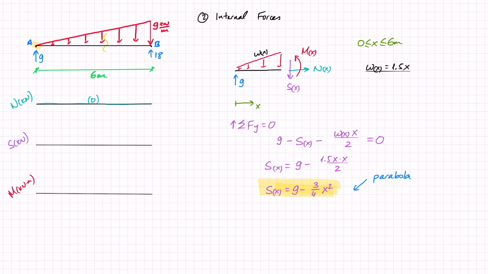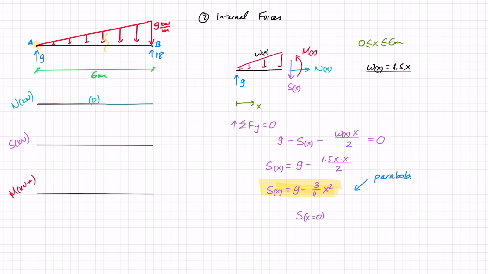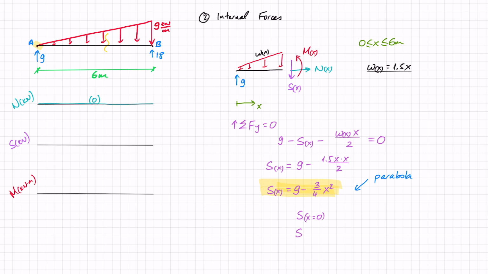It's going to be interesting to see what happens at some different locations, so let's check what happens when x equals 0 and what happens when x equals 6, so when I reach point B. When x equals 0, the x part falls off and I just have 9 kilonewton, which matches the reaction that I have, so that's great.